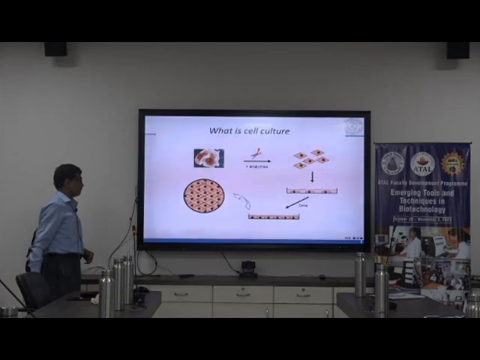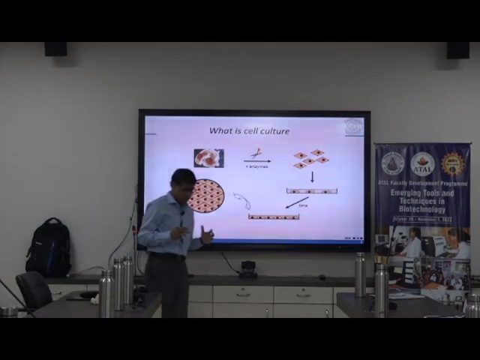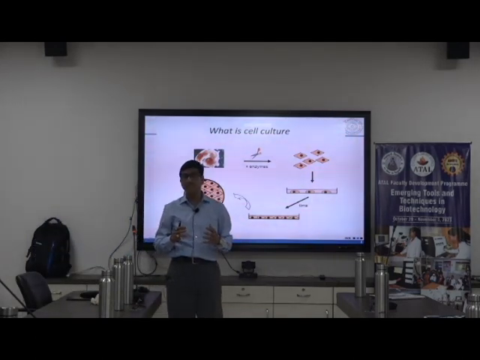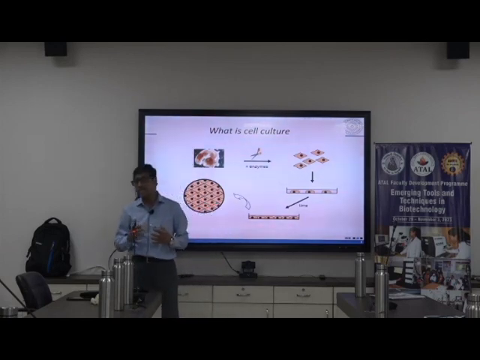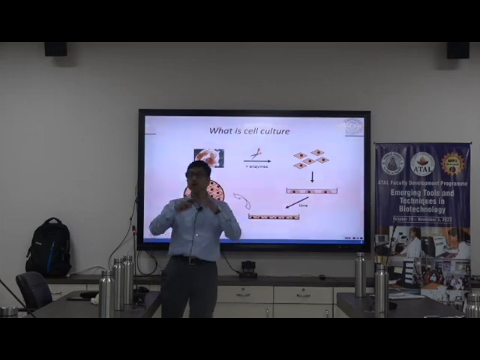What is a cell culture? You all know that our body is made up of about 37 trillion cells. All the organs that you see in our body are made up of cells. Organ, tissue, whatever you talk about, they are all made up of cells. Many cells come together to make organs, and many organs come together to make an organ system.